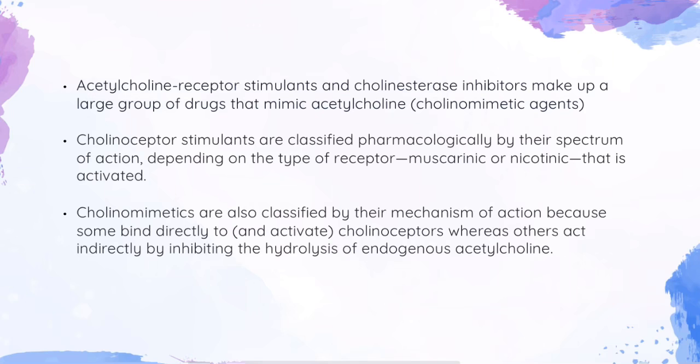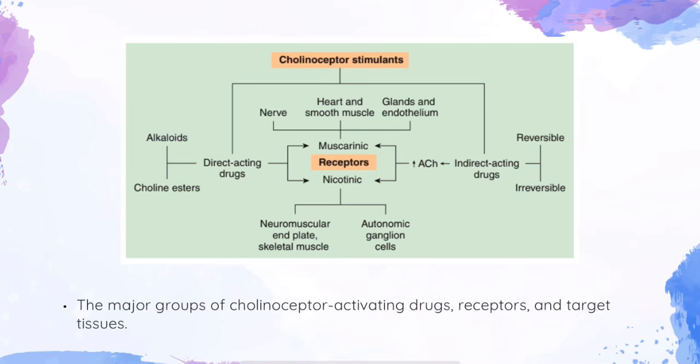Mimetics are also classified by their mechanism of action, because some bind directly to cholinoreceptors, whereas others act indirectly by inhibiting the hydrolysis of endogenous acetylcholine. The major groups of cholinoreceptor activating drugs, receptors, and targets in tissues are shown in the picture.